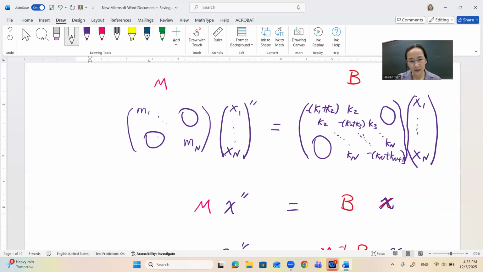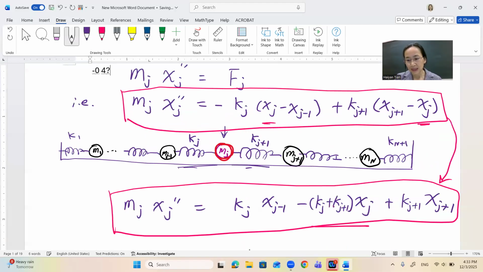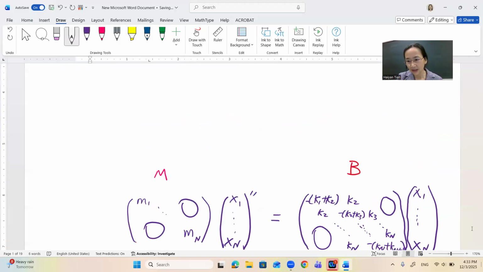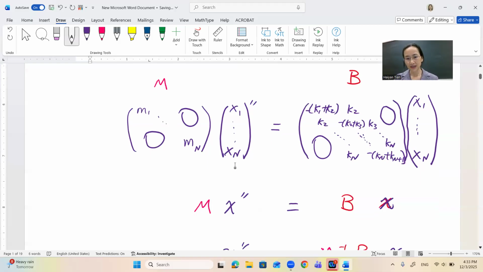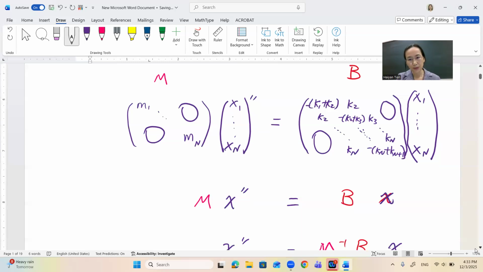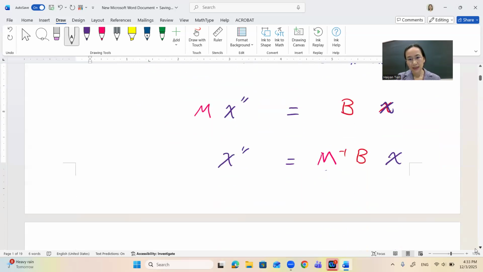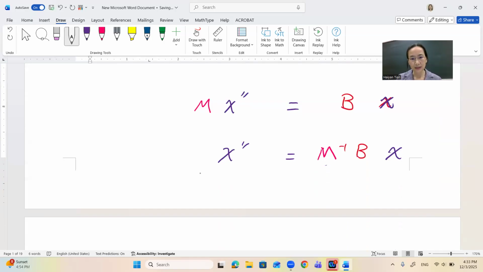And so the diagonal matrix can be easily inverted. So we just see this form. It's just diagonal matrix M times X, which is a vector. This is a vector X, second order derivative. So after we write the matrix in this form, we can write X second derivative and leave it on one side.